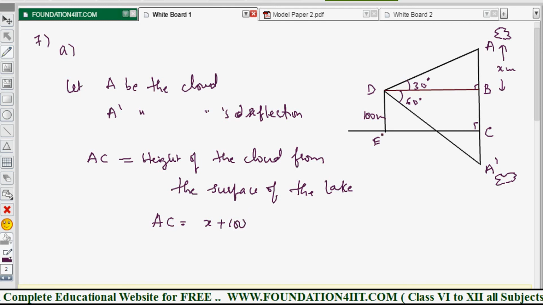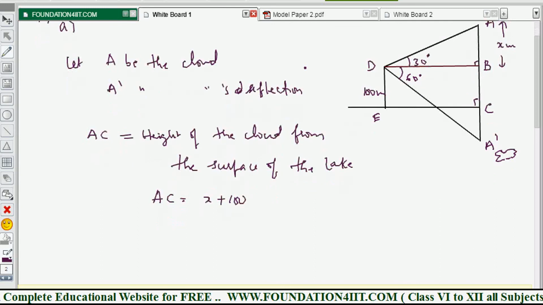Let x be the distance from A to B. Then BA dash. So if it is 100, then the reflection is also 100. So BC and CA are the same. Then we can write BA dash.